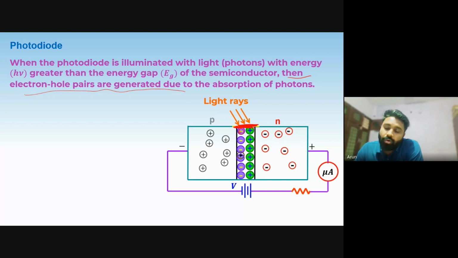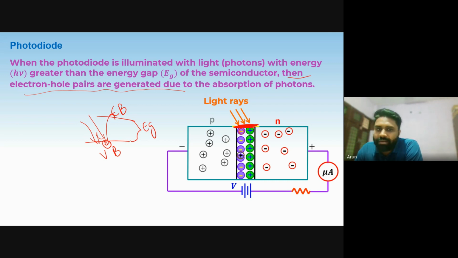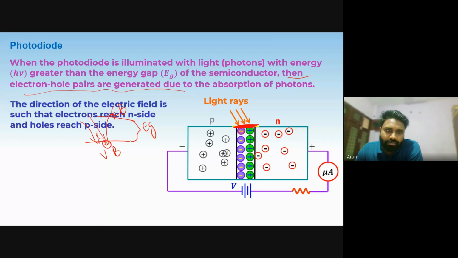Okay. If the energy of the photon is greater than the band gap, which means between the valence band and the conduction band, the valence band electron will absorb this energy, and if this energy is greater than this gap, Eg, it will go into the conduction band and the electricity will conduct. Okay. So that is the purpose of this.